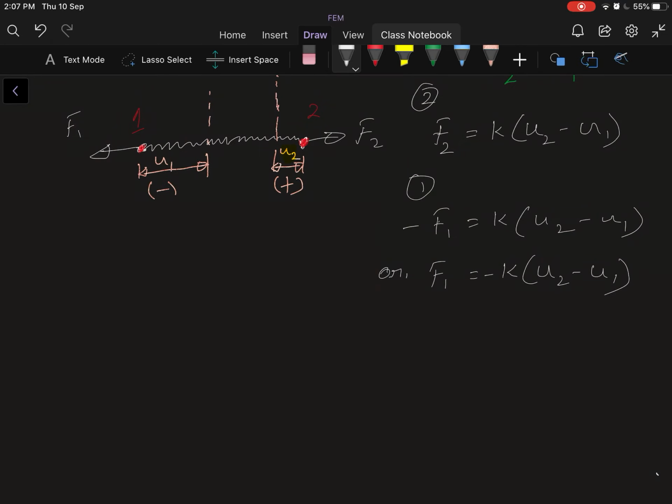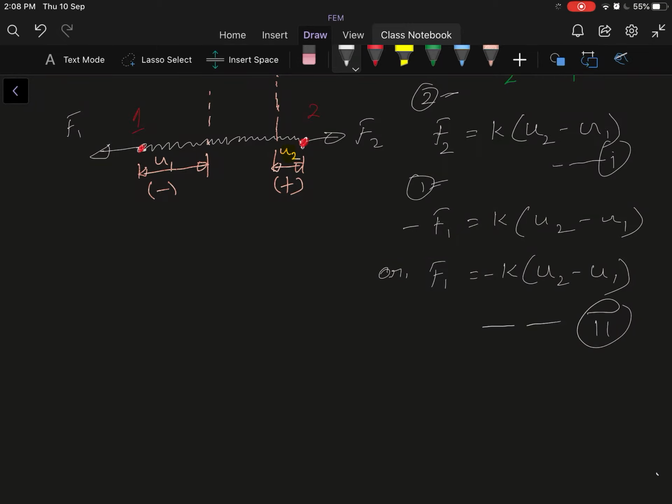Let's say that this is our equation 1 and this is our equation 2. This is for point 2 and this is for point 1.